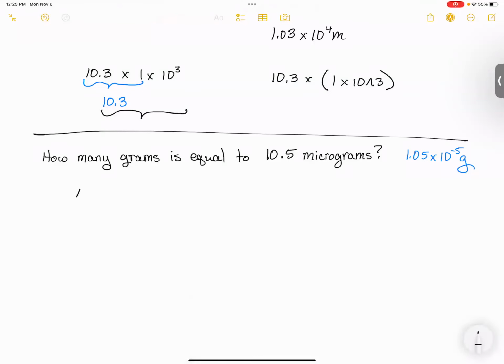So the problem is 10.5 micrograms. 1 microgram is 1 times 10 to the minus 6 grams. So that comes out to be equal to 1.05 times 10 to the minus 5 grams when multiplied out.